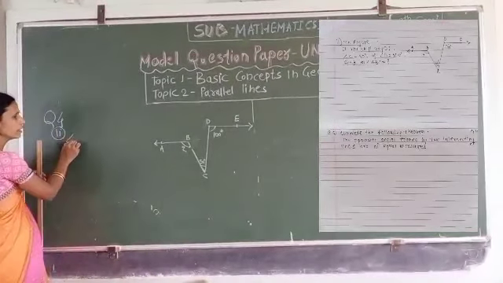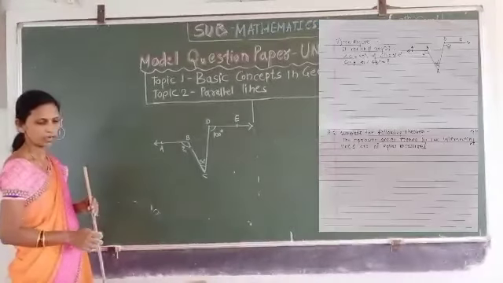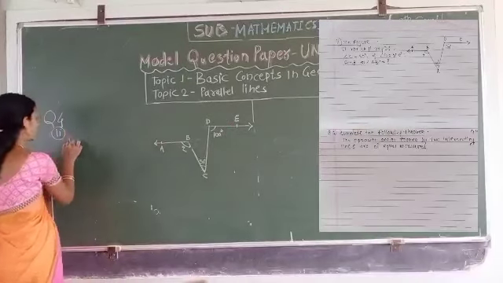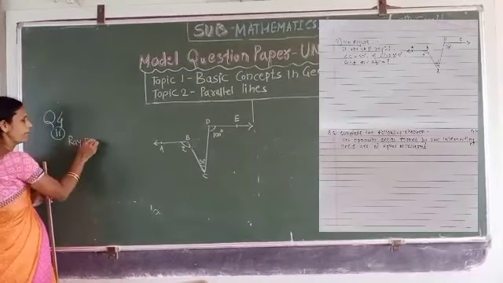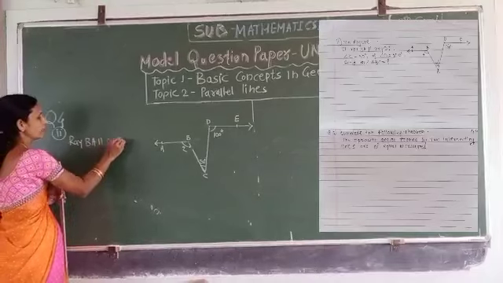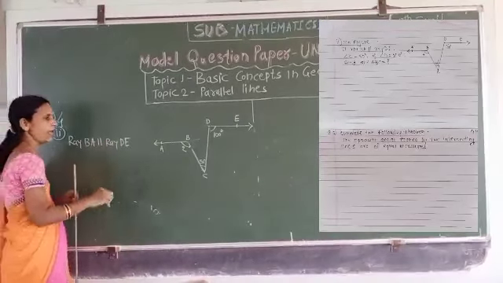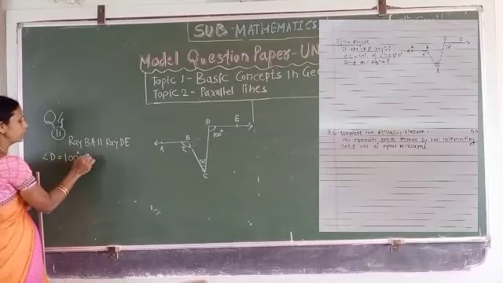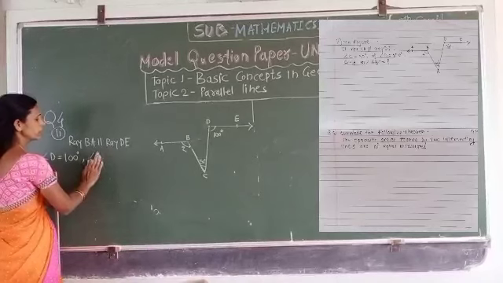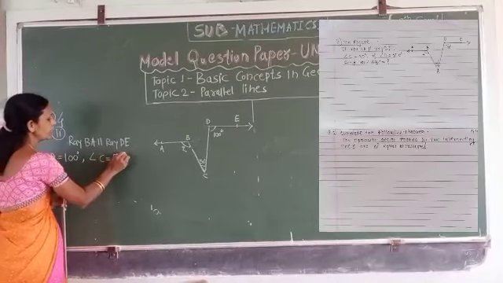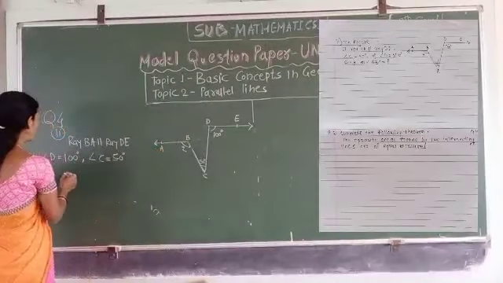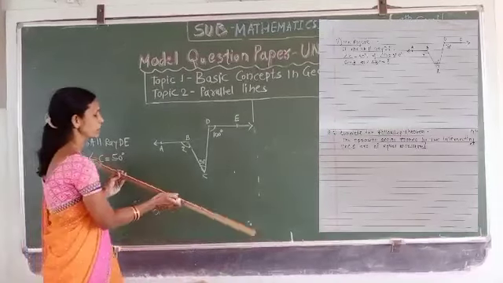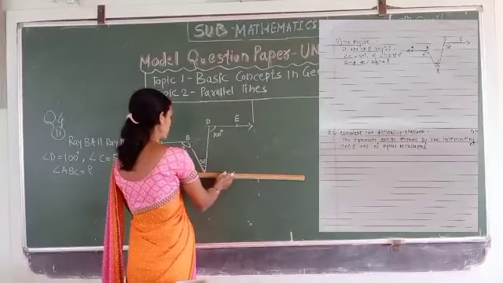Then see here, ray BA and ray DE are parallel to each other. Here ray BA is parallel to ray DE, and here angle D which is given is 100 degree, and angle C which is given here is 50 degree. Then we have to find out the angle ABC, and here we have to do a few constructions for it.